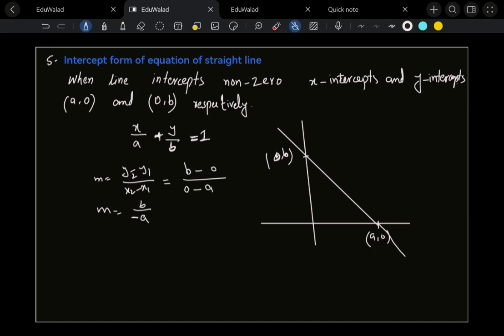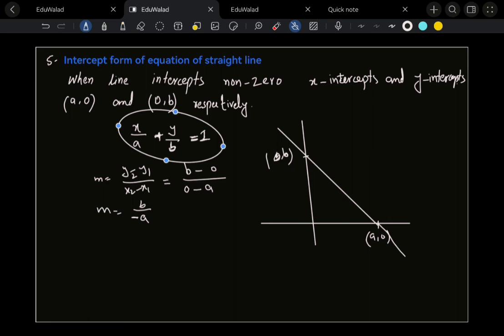Now the equation of straight line is intersecting the axes at the x intercept and y intercept. So we want to find the intercept form of equation of straight line: x over a plus y over b equals 1. This is our equation of straight line in intercept form.